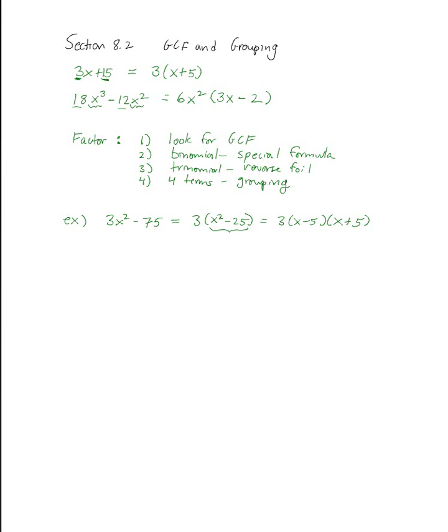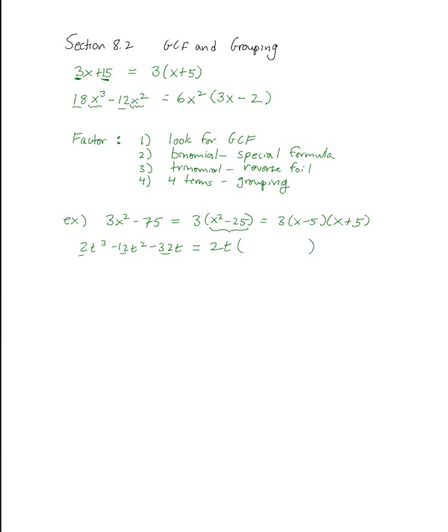Let's try this one. How about 2t cubed minus 12t squared minus 32t. All right, well, this time I have 3 pieces, but I look at my numbers. I have a 2, a 12, and a 32. 2 and 12 and 32 all have 2 in common. And then I notice that every piece has a t. I've got a t cubed, a t squared, and a t. I take my smallest power, that's t.